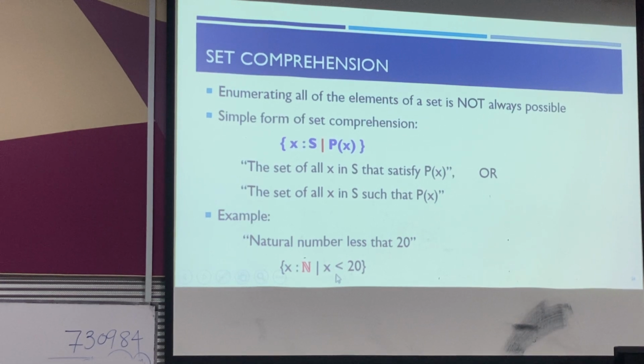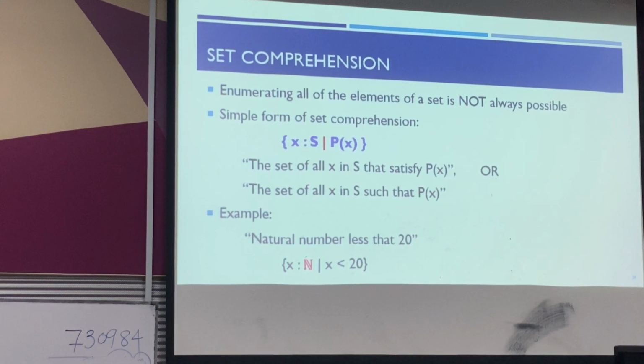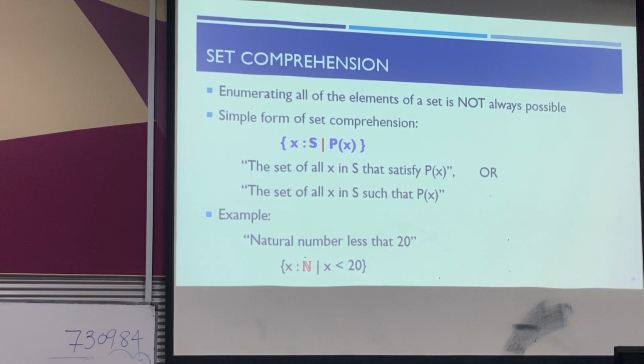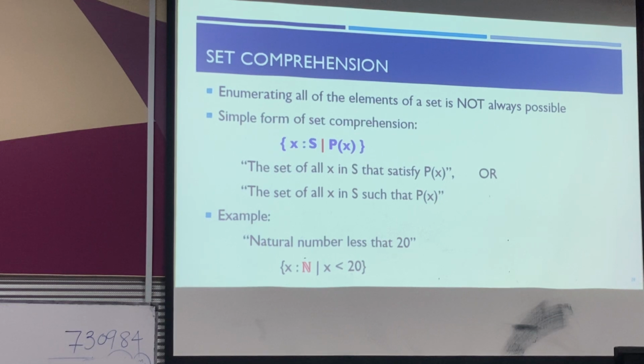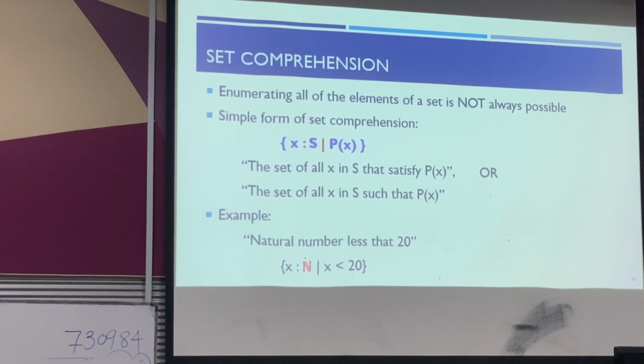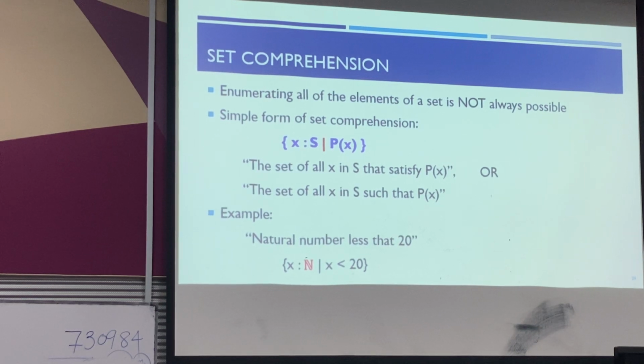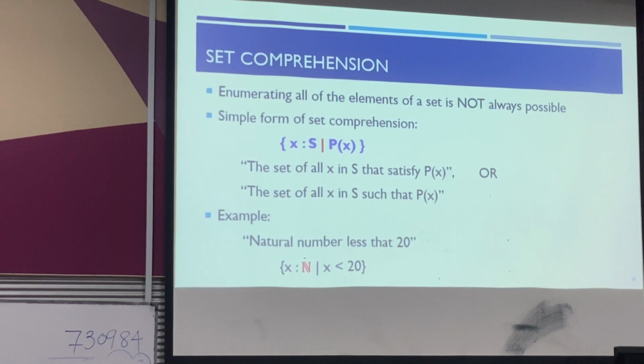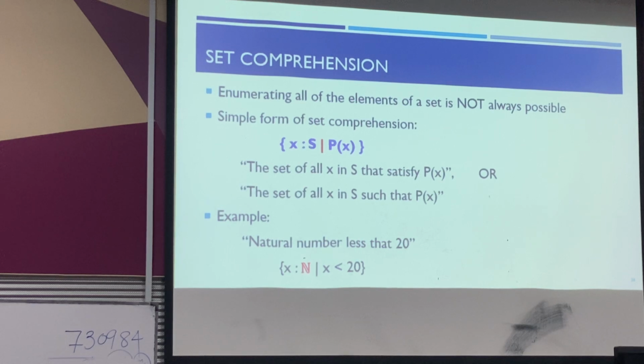Meaning that x now will be 0, 1, 2, 3 until 19 only. So the answer will be x equal curly braces 0, 1, 2 and so on until 19. That's how you write the answer. That is a simple form, the one that you did in your tutorial last week also.